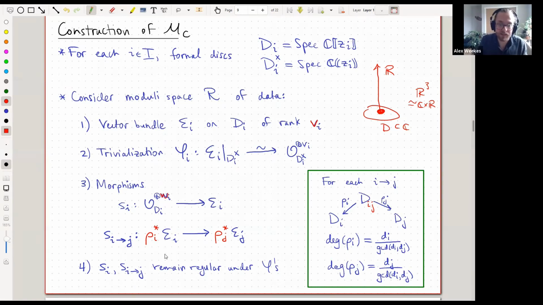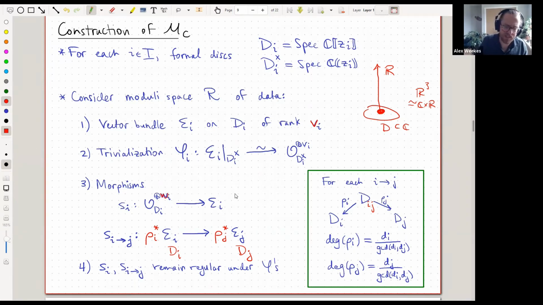Now, the problem here is that EI is naturally living on the disk DI, and EJ is naturally living on the disk DJ. And this is why I was telling you about these coverings. What we do is pull them back to some common cover, this DIJ space, and that's where we look at a morphism between them. And that's the right data.